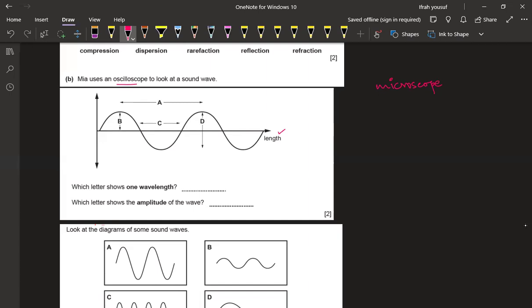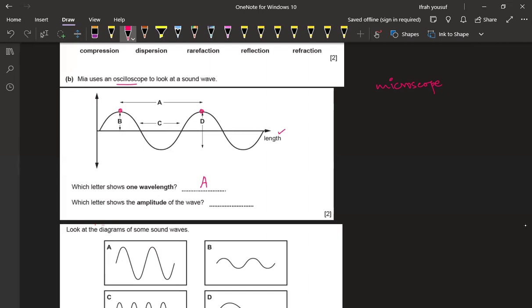So this is how you can define the wavelength. Now in this question, which letter is representing wavelength? A. Because this is a crest or a peak, this is also a crest or a peak. The distance between two consecutive crests or two consecutive peaks, that is the wavelength. So you are going to put A here.